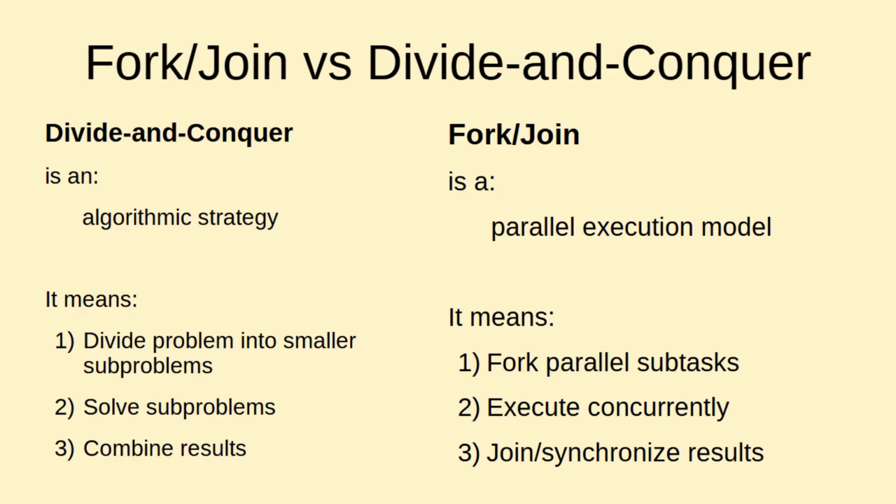Fork join commonly implements divide and conquer algorithms in parallel. Divide and conquer defines how the problem is broken apart, while fork join defines how the subtasks execute concurrently and synchronize. The fork join model is a fundamental concept behind many modern parallel frameworks, including OpenMP tasking frameworks.